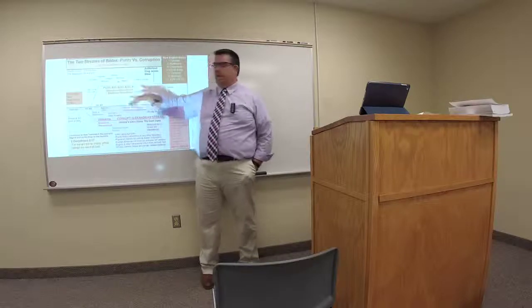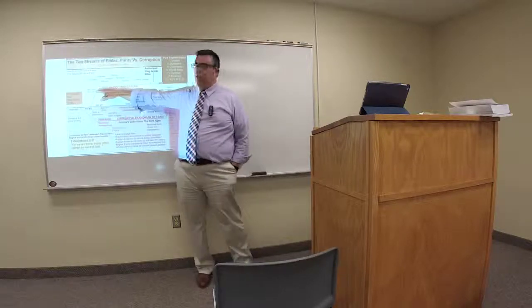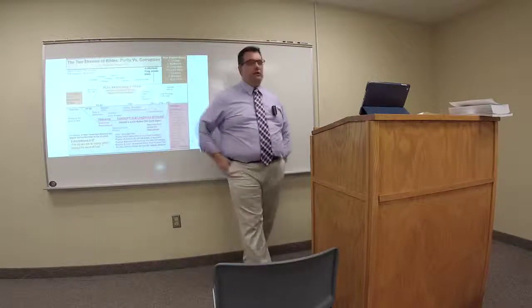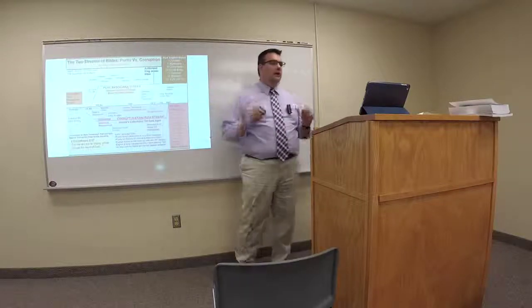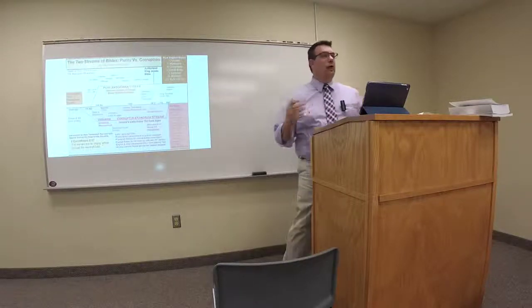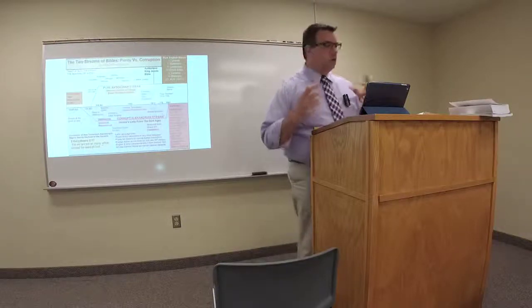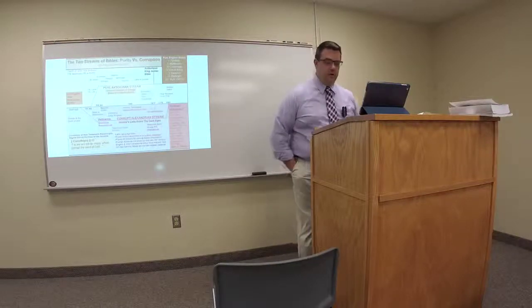So there's a dichotomy, I'll explain what that means in a minute, with the Old Latin being characterized as quote-unquote pure, and the Vulgate being characterized as quote-unquote corrupt, okay? So today I want to look at that idea.